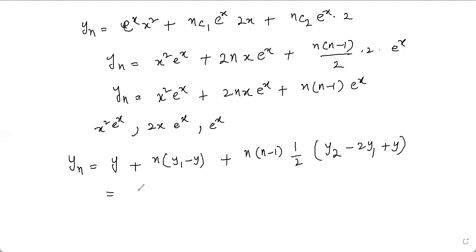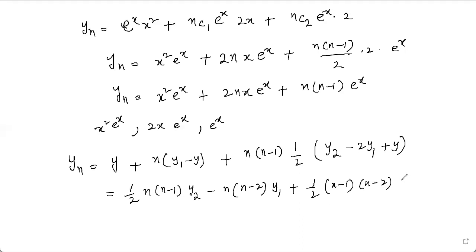So this will be half, if I put everything together, into n into (n minus 1) y2, minus n into (n minus 2) into y1, plus half (n minus 1)(n minus 2) into y. So we got this. So hence we have proved it.